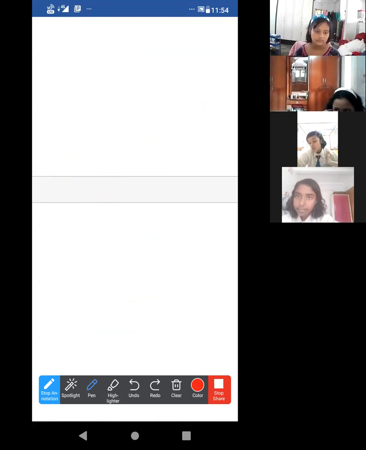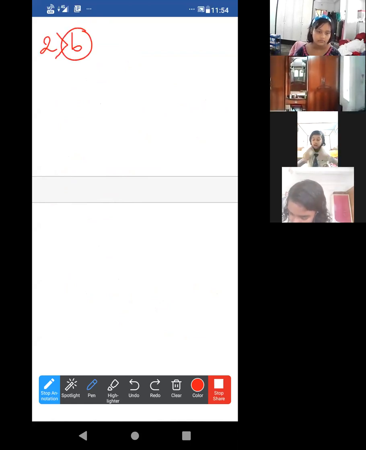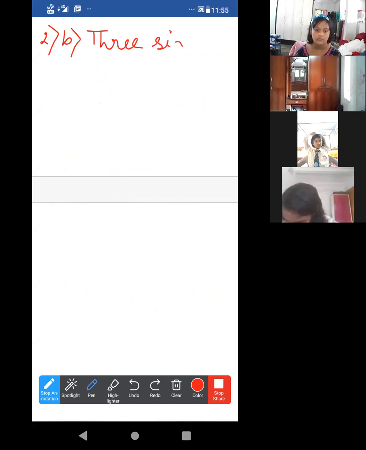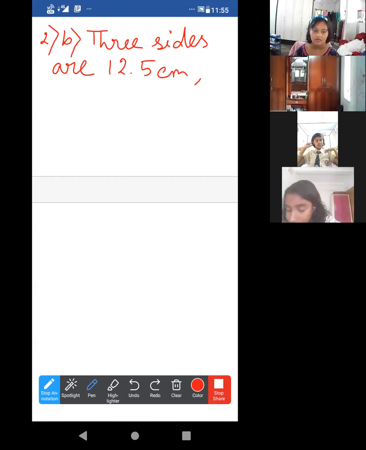Now 2B. Look at this. In 2B, it is given 12.5. Just write the three sides are. Look, the sides given are 12.5 centimeter, 13 centimeter, and 17 centimeter.